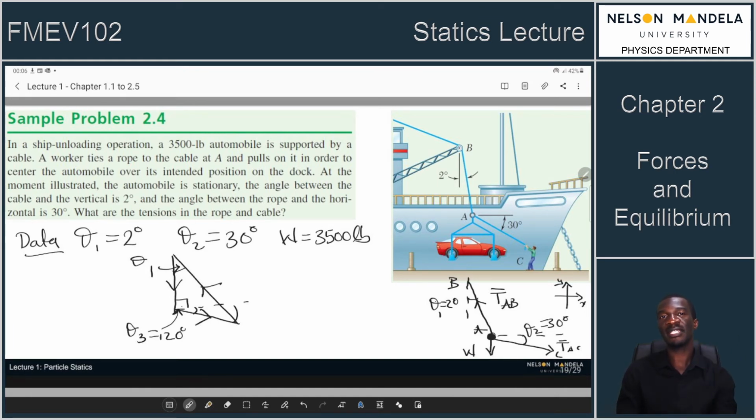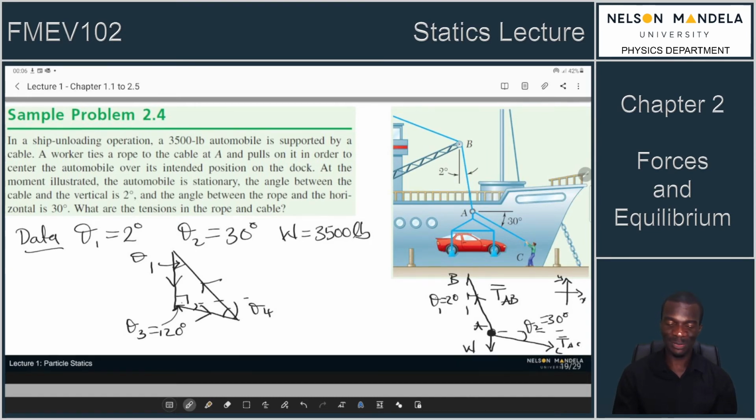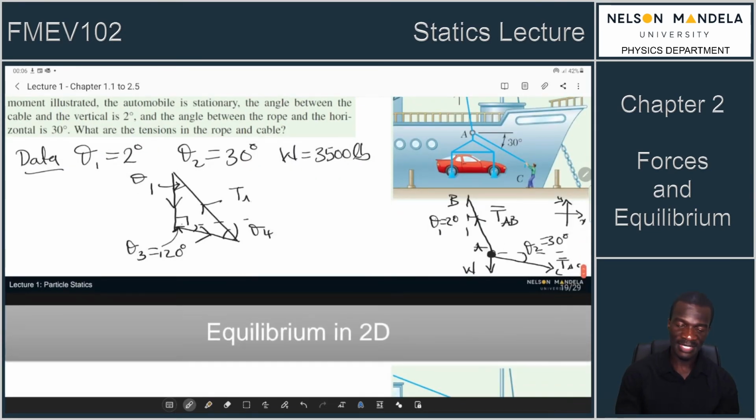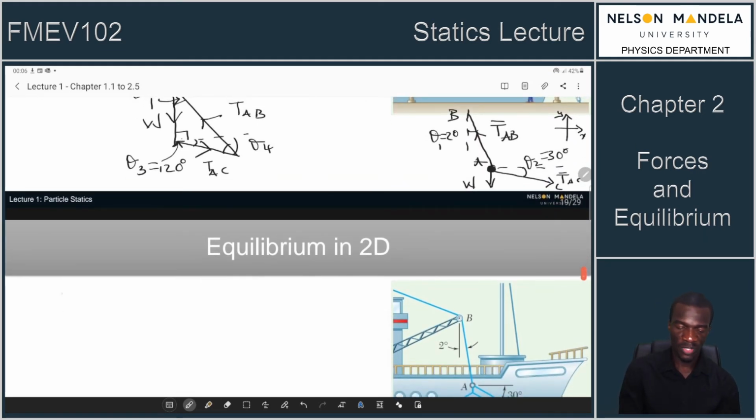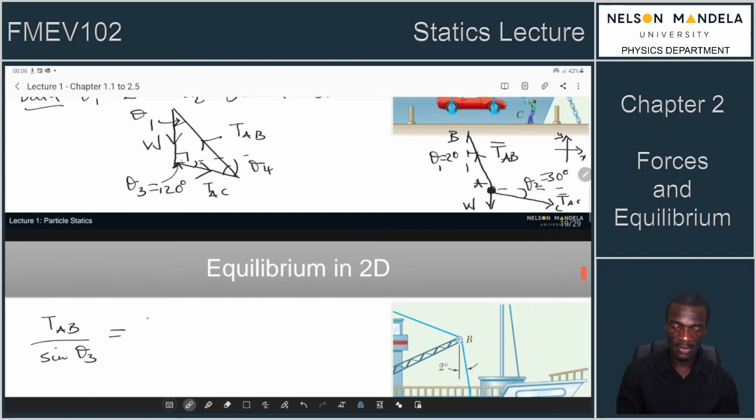So you already have 2 sides. You've got a 120 degree side, you've got a 2 degree side, which means you can find your theta 4. When you have these, then you can use your sine rule, isn't it? So let's just say this is TAB, and that's our TAC, and that's our weight. Using the sine rule, we want to find TAB and TAC. So TAB over sine of theta 3 is simply given as the weight over sine theta 4.